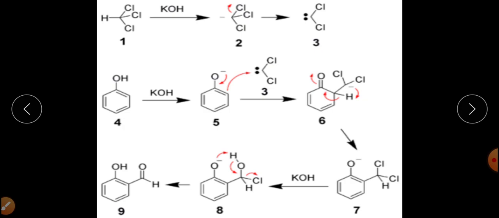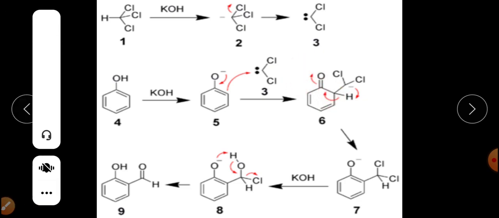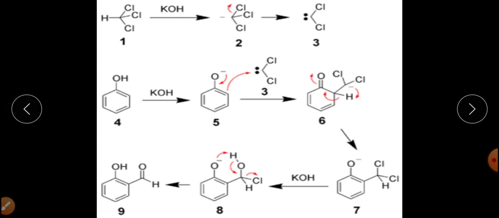After that, the C negative will attack on H with migration of electrons to form again a C double bond C and O negative. So there is formation of CHCl2.